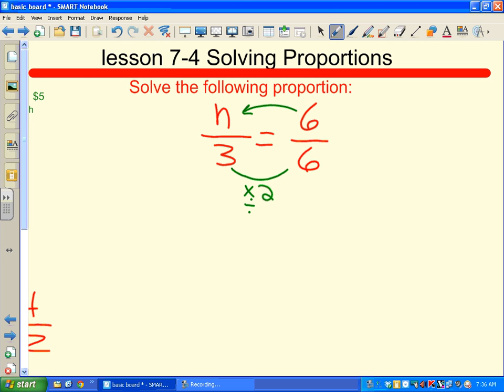Take a look from 6 to 3. I had to multiply or divide to get from 6 to 3. Well, to get from 6 to n, I'm going to have to divide just like this one. So I'm dividing by 2. 6 divided by 2 is 3. And that makes sense because 3/3 equals 6/6. They're both equal to 1. So I end up getting n equals 3.